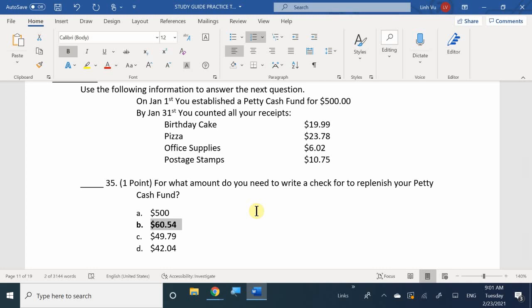You write a check for the amount of receipts that you have and replace it back into the cash box, so that by February you have a full lockbox of $500. You're not going to have $60.54 worth of receipts and whatever remaining amount of cash. You're replenishing it, so you're adding back the money that should have been there in the first place. Okay.